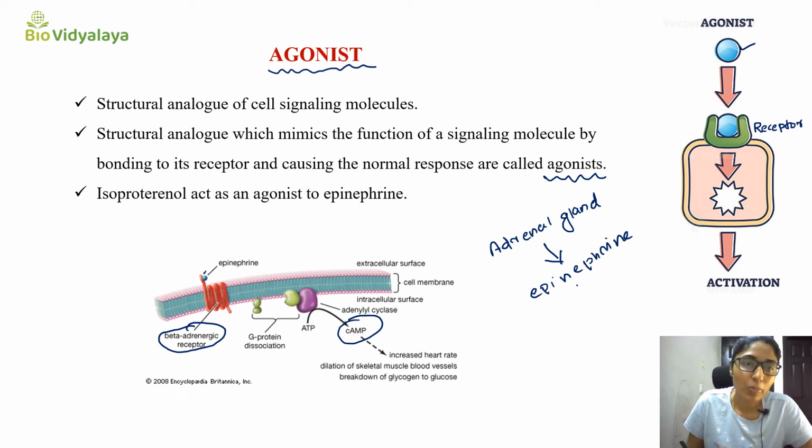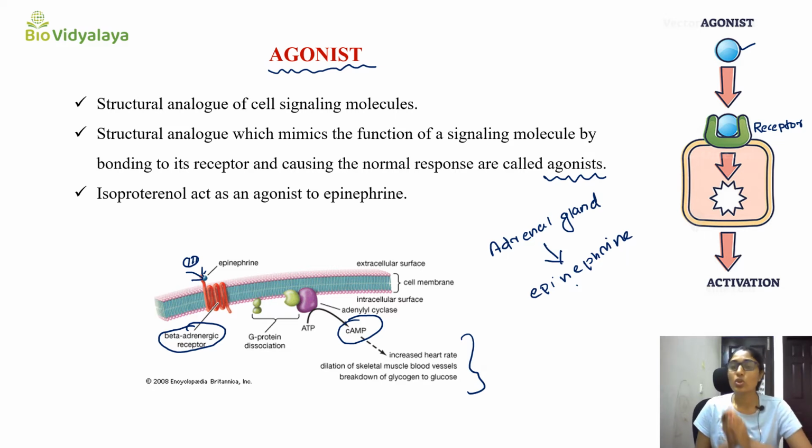When isoproterenol binds to the epinephrine receptor, that is the beta adrenergic receptor, it leads to the same intracellular pathway and finally to cellular responses like increased heart rate and dilation of skeletal muscle blood vessels. So isoproterenol is an agonist of epinephrine that is used for the treatment of heart attack, cardiac arrest, shock, etc. It is a structural analog of epinephrine that acts like epinephrine.